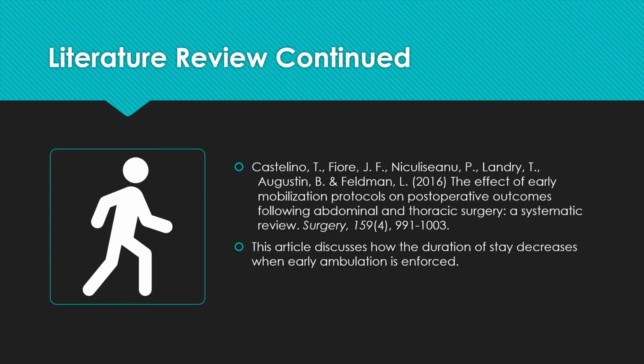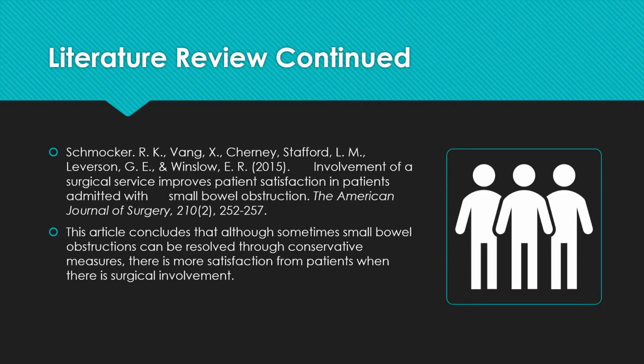This article discusses how the duration of stay tends to decrease when early ambulation is enforced. This article concludes that although sometimes small bowel obstructions can be resolved through conservative measures, there is more satisfaction from patients when there is surgical involvement.